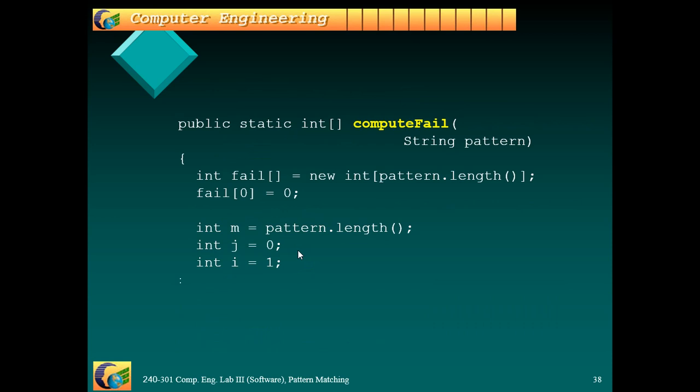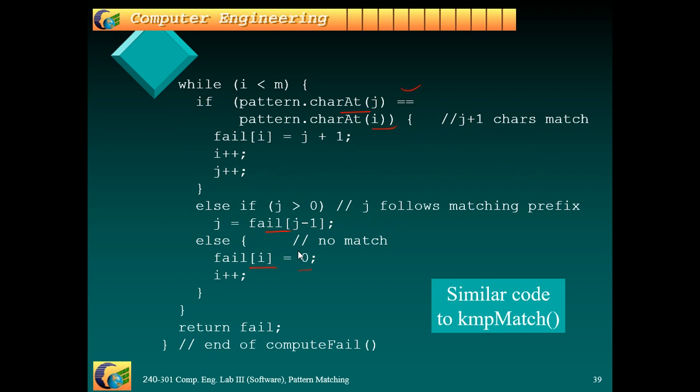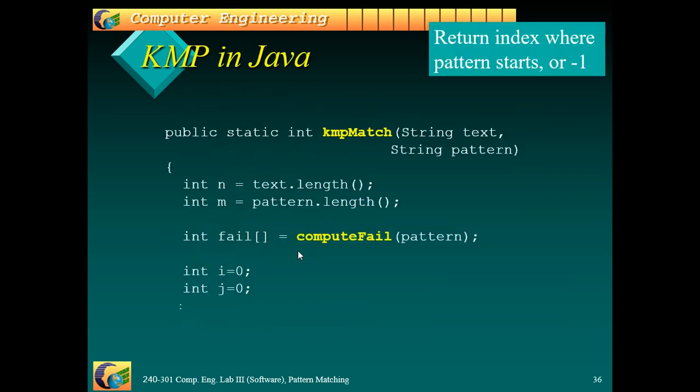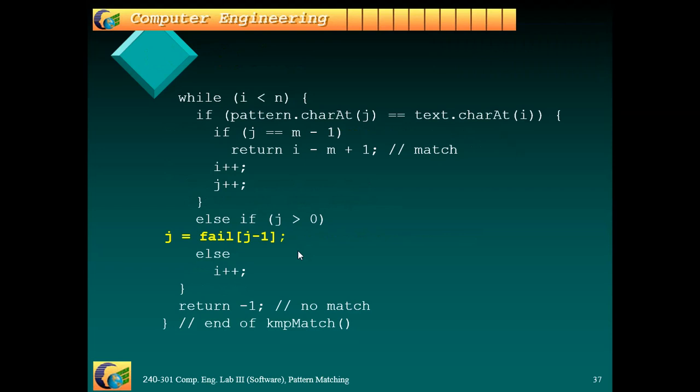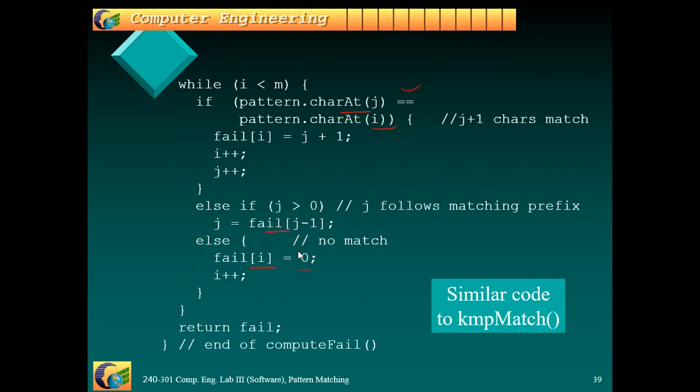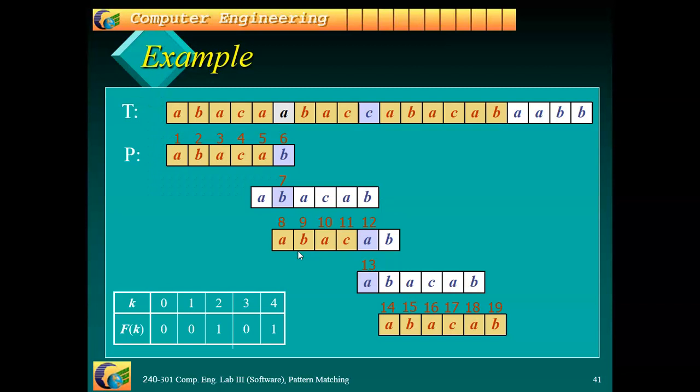Initially, your fail function is all zeros, and then it is updated based on this algorithm. The same kind of algorithm is repeated for KMP match as well. You just trace this algorithm for the given text and pattern, so take this example and we'll trace it here to see how our algorithm works.